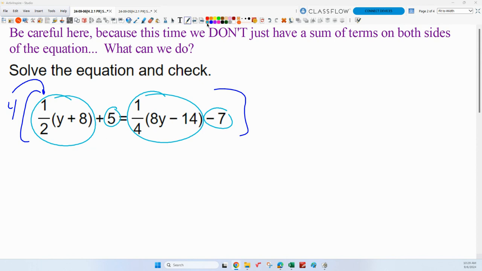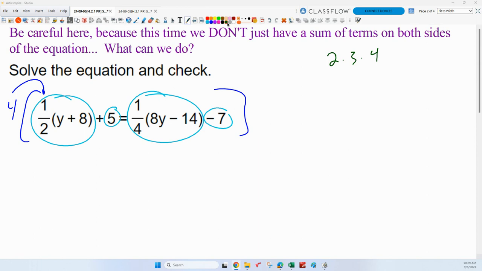Make sense? Okay. If I tried to distribute the 4 to the 1/2 and distribute it inside this quantity, I would be like double distributing there, and that's not correct. Make sense? This is the same concept as why if you're multiplying 2 times 3 times 4, what's the answer?